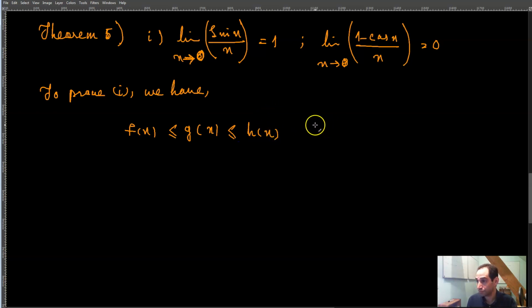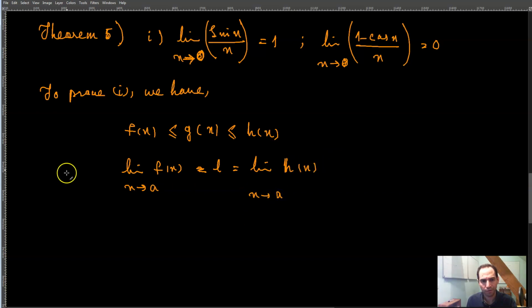Then we said that if the limit of f of x when x tends to a is equal to L, is equal to the limit of h of x as x tends to a, then you can say that the limit of g of x as x tends to a is equal to L. That was the Sandwich Theorem.